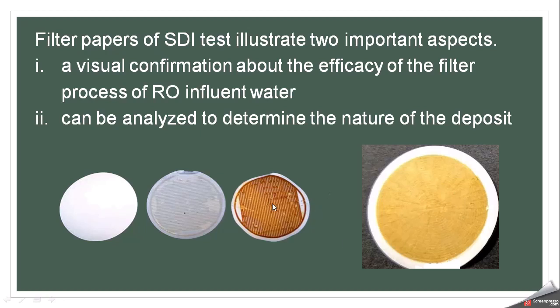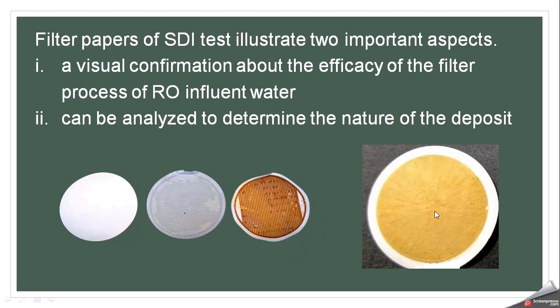So you can easily visually check the fouling tendency or scaling tendency of the water using this test. You can see the clear difference in these three small filter papers. Very good water, medium quality, and this is worse with respect to reverse osmosis membrane fouling.